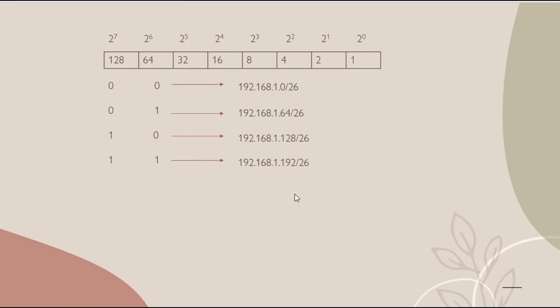So each subnet will have its own IP addresses, from which we are able to host the devices. Before subnetting there is a huge loss of IP addresses. Here there is also some wastage of IP addresses, but compared to that, it is less wastage.